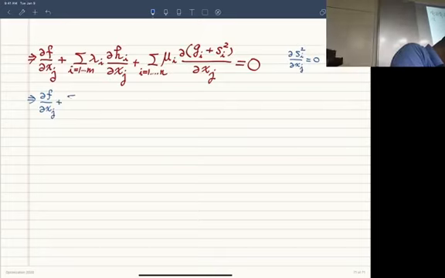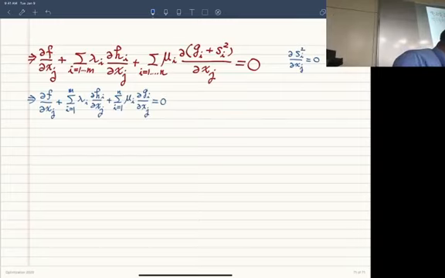And then we have this: i from 1 to m, plus i from 1 to n. And here we rename this as mu. And over here, gi of x, xj. And of course, we have j.